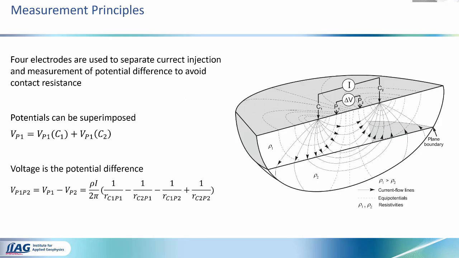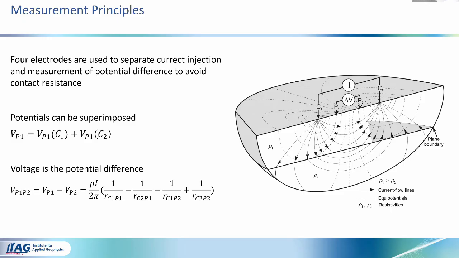I also always tell that we are not using just single electrodes for several reasons. The most important reason is that I want to avoid contact resistance. Just imagine if I have two electrodes, stick them into the ground, and I want to inject current and also measure potentials, then I have two things that I measure. I measure the ground, and I measure the contact resistance between the electrodes and the ground.